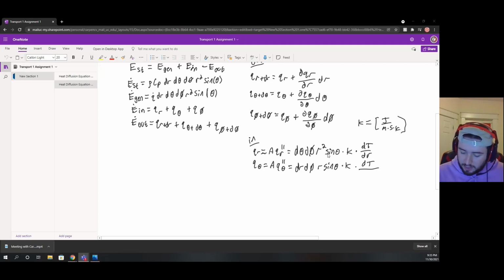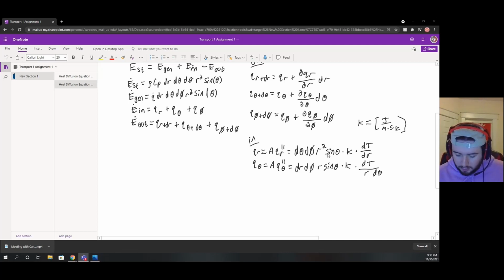So we can't just write d theta out here. We need to quantify theta as a length instead of an angle. So we're just going to use the length used in our volume, so it's going to be r d theta.